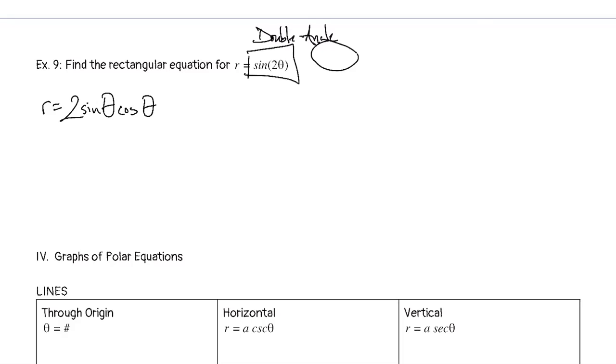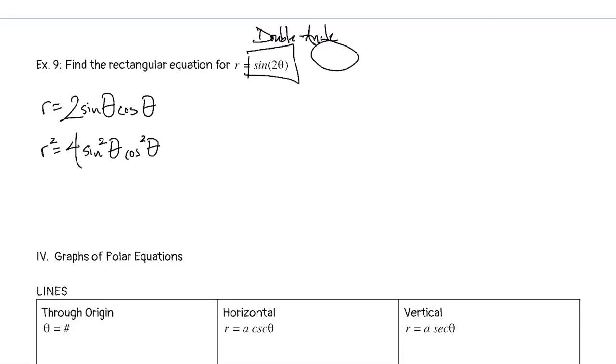Should we put everything to the second power? That would give you r squared equals 4 sine squared cosine squared. Well, since it's a rectangular equation, do we need to get the r into x and y?